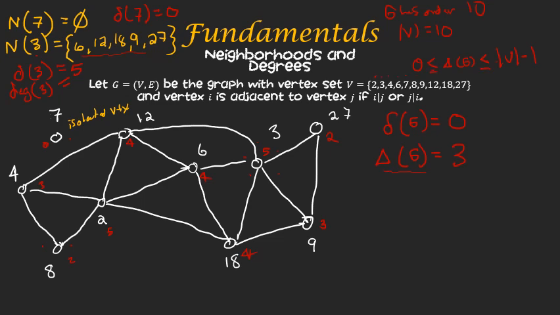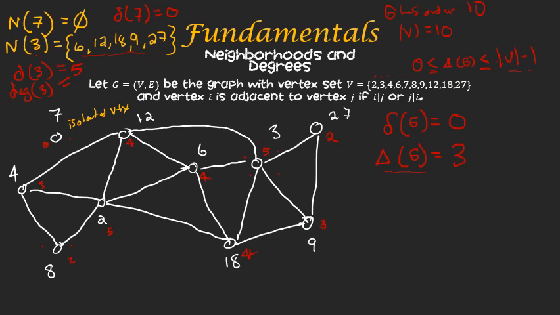And the same thing with the minimum degree. It's got to be somewhere between 0 and 1 less than the order of the graph, and that's true for the degree of any vertex.